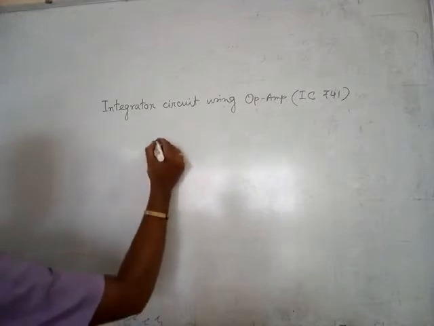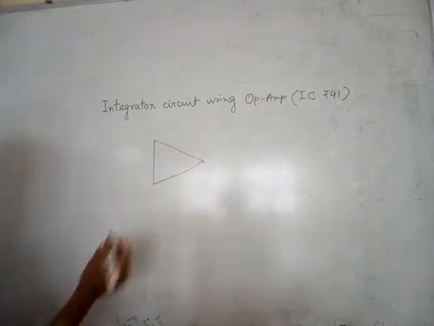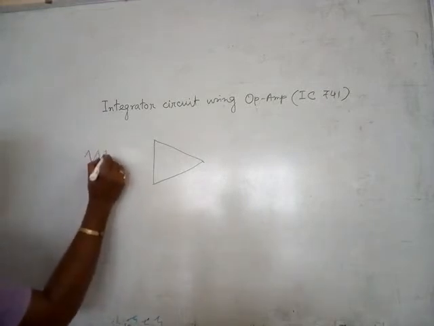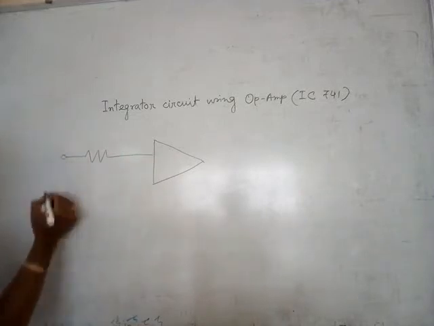This is the op-amp. One resistor is connected. This is V in.